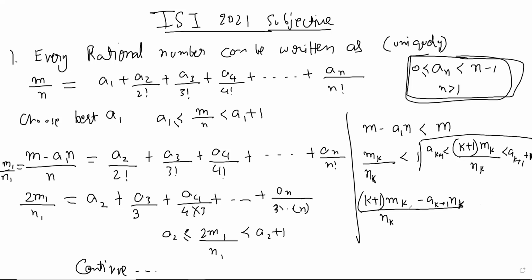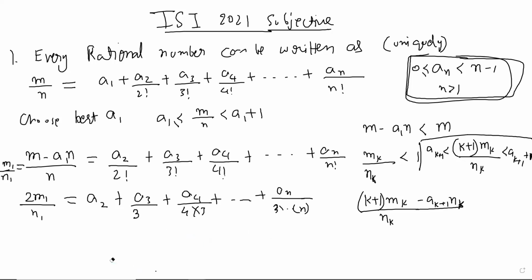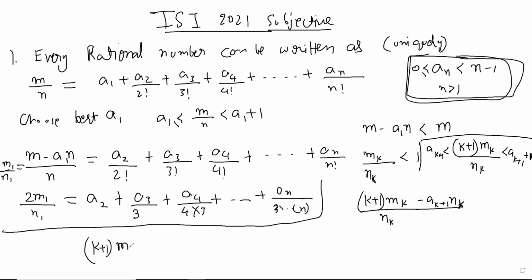So again, just a rational decreasing sequence is not enough, right? The claim is, and hopefully this will work. If it doesn't, then we have to just take an example and find a simple invariant. Some other will work then. But the claim is that this numerator, which you get at the k plus 1 stage, is going to be less than the numerator which you had at the kth stage, which was mk.